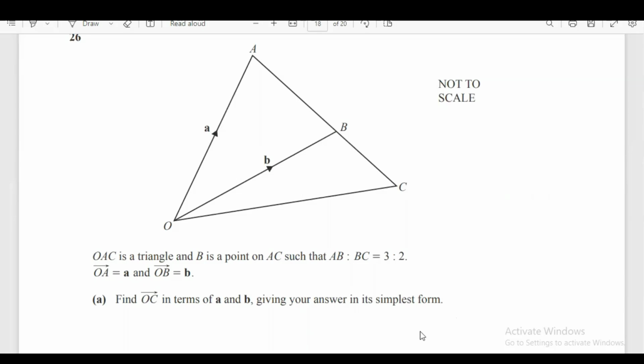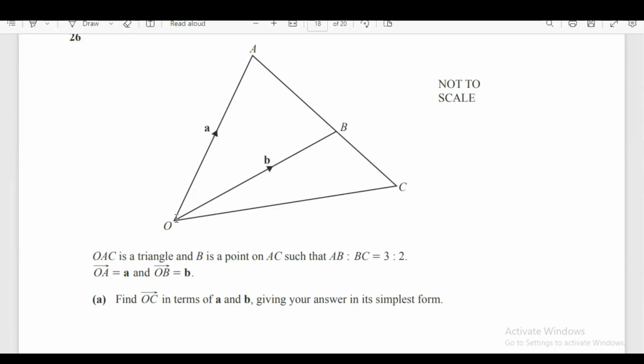So we are going to find the vector OC. We can use two routes for O to C. The first route is O to B, then B to C. But O to B is given and B to C is still unknown here.